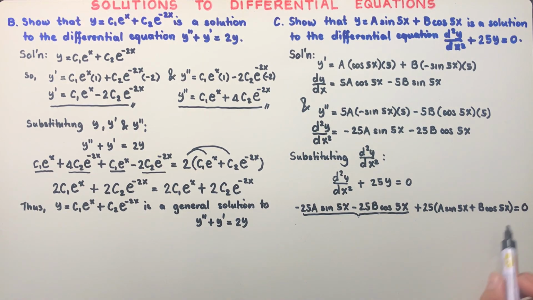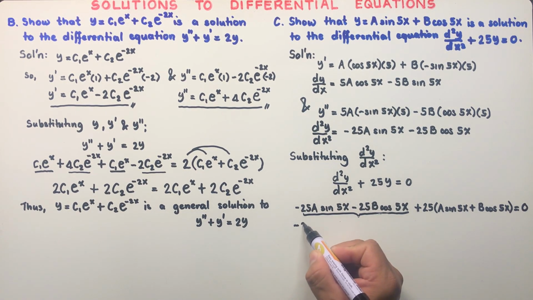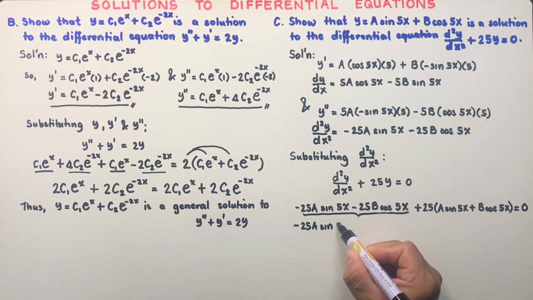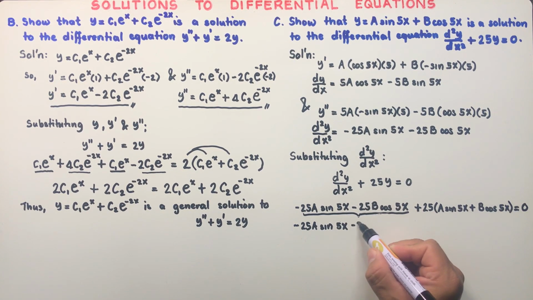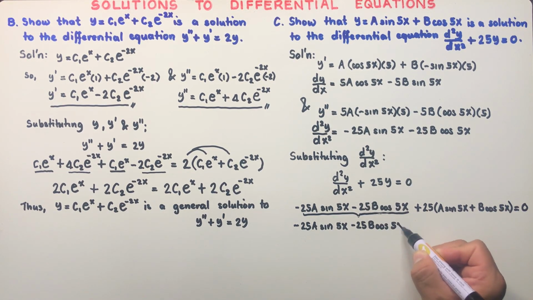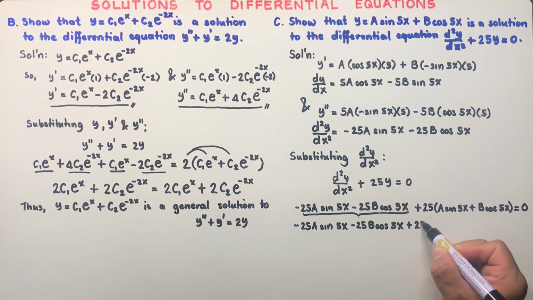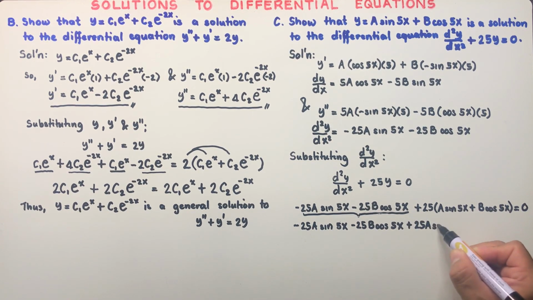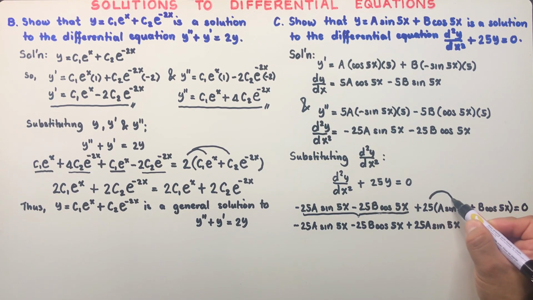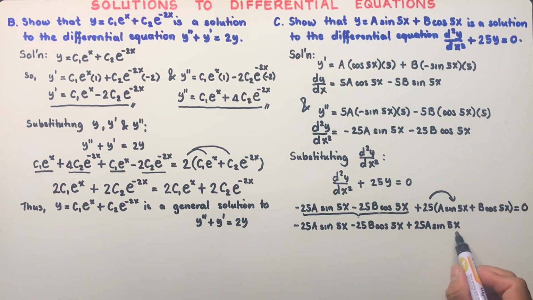Simplifying further, we have negative 25a sine 5x minus 25b cosine 5x plus 25a sine 5x, because if you multiply 25 to this term, you will have this one.